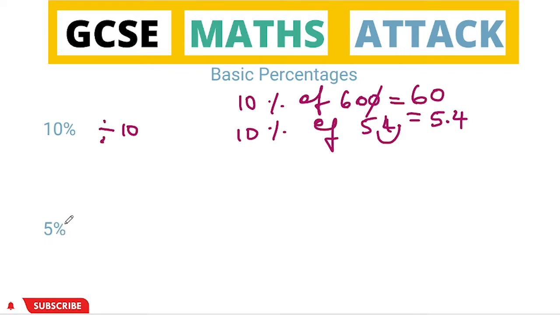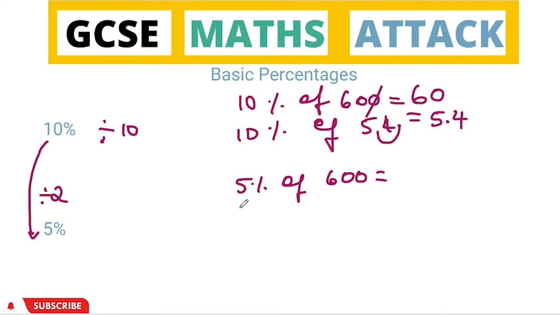Right, to work out 5%. In order to work out 5%, you need to first work out 10%, which is divided by 10. Then, in order for you to go from 10 to 5%, you halve your answer. So, 5% of 600.